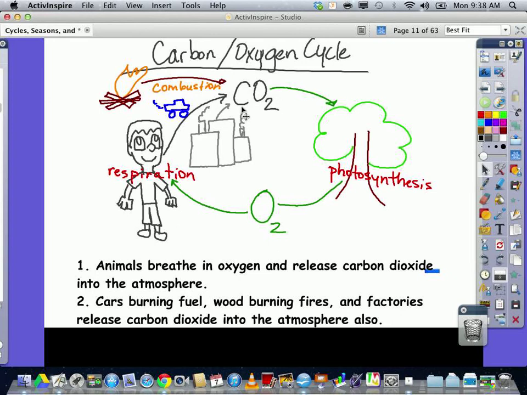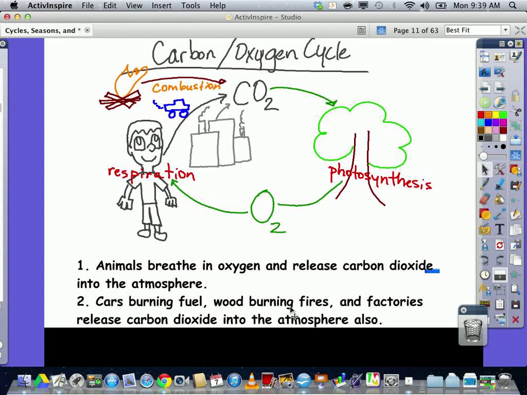So if that carbon dioxide wasn't dealt with, then it would cause a problem for our planet. It would build up, and eventually we'd have severe effects of global warming. But fortunately on our planet we have something that can recycle that carbon dioxide, and that's plants. I know our picture shows a tree here, but that tree represents all of the plant life, any kind of plant that can photosynthesize or make its own food.